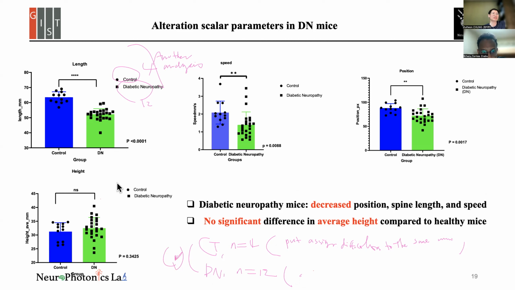But the organization is very poor here, because length, speed, position, height. Why are you doing this? In this case, this is all the same. You don't need this space pair. You just need one time. So why don't you put this one into, like, if it's a slide, you can put 1, 2, 3, 4.